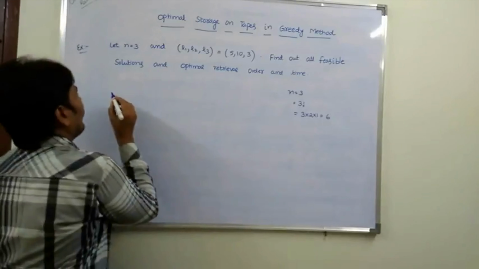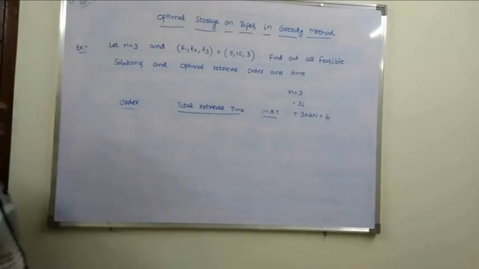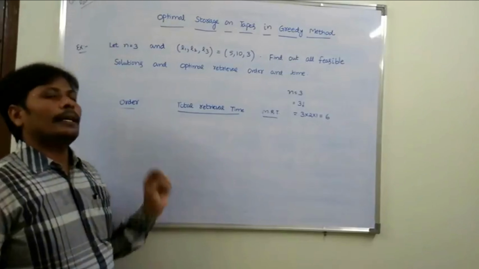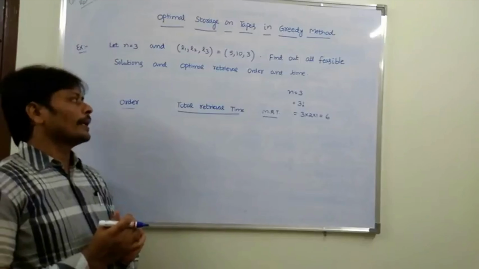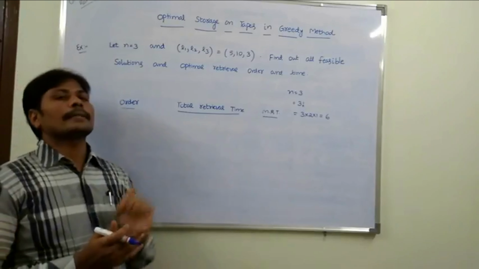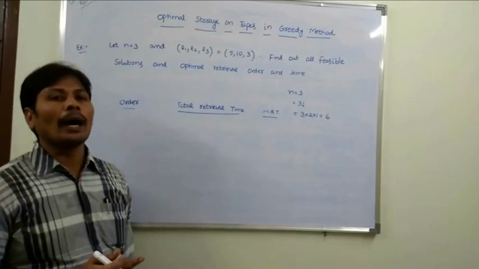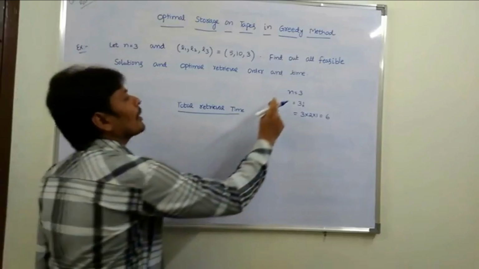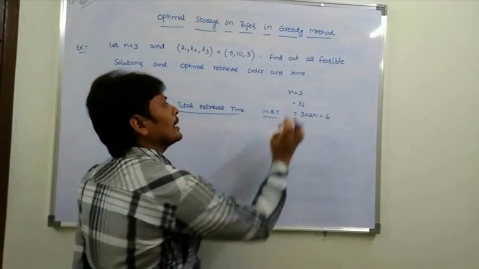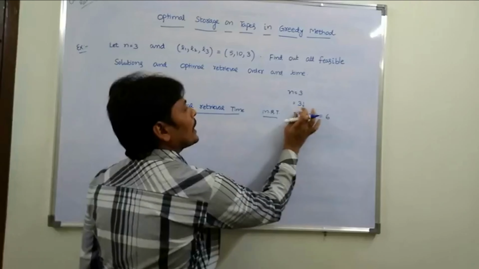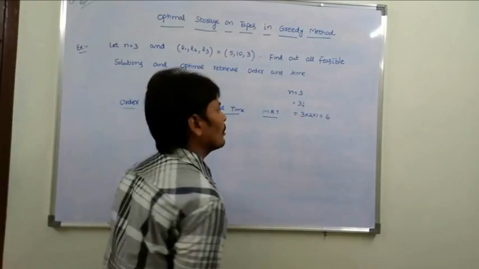So that is order. There are 3 columns. The first column contains the order, the second column contains the total retrieval time, and the third column contains the MRT. So how many ways can these 3 programs be arranged? That is n is equal to 3, so 3 factorial, which is 3 into 2 into 1, that is equal to 6.